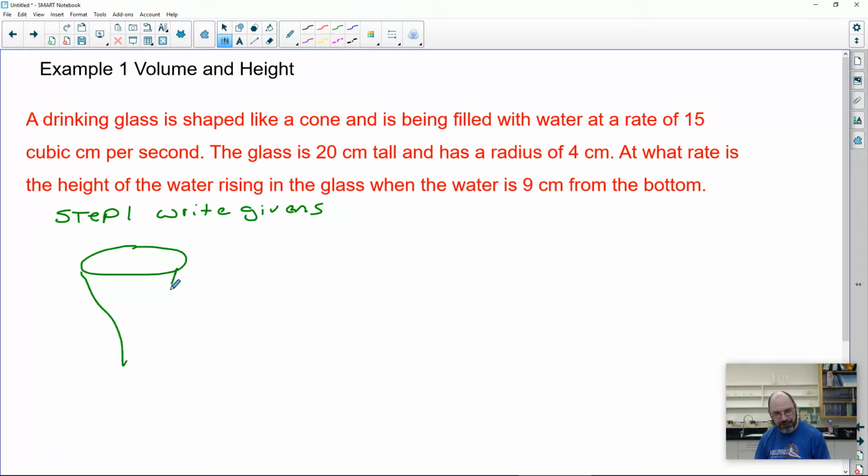We know the original size of the glass, which will give us the relationship between R and H. It says that the drinking glass is shaped like a cone, and the glass is 20 centimeters tall, which means the height is 20 centimeters.